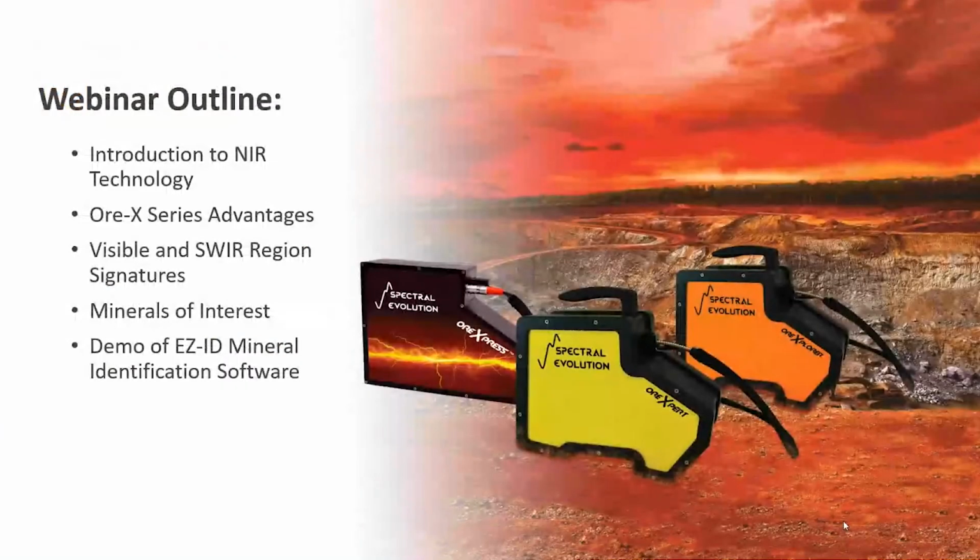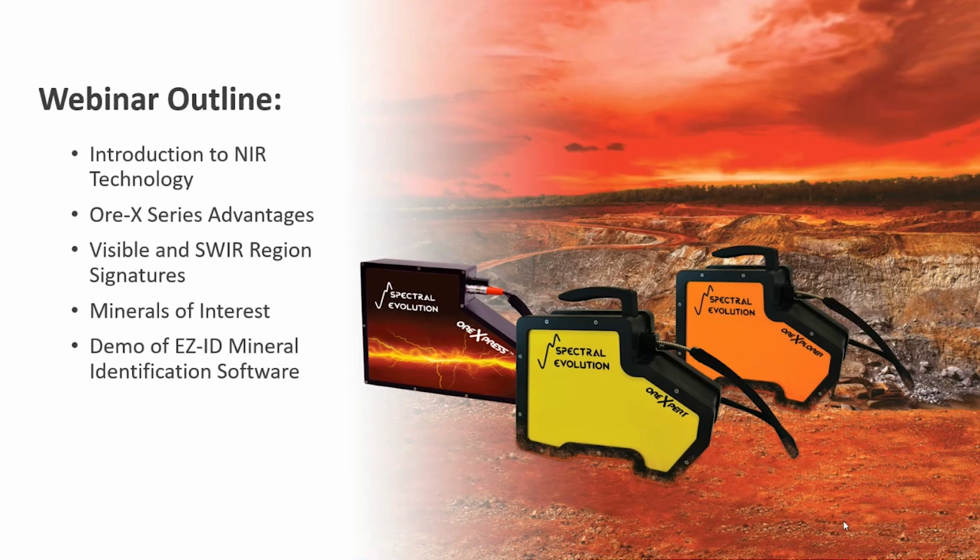So the outline for today's webinar will have us discussing the basics and giving an introduction to NIR technology. This section will really be for new users who have never used the technology before, or for people who might be interested in doing so. We will then take a look at Spectral Evolution's X series of field portable spectrometers that are used in the mining industry and for geological research and mineral identification.